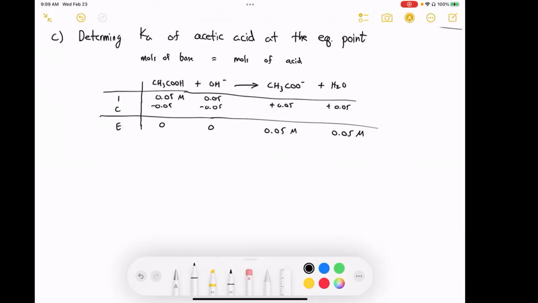So the reaction now at the equivalence point is, my base, acetate, is going to reestablish an equilibrium with water to form the acid. So we're going to get CH3COOH aqueous plus hydroxide ion.